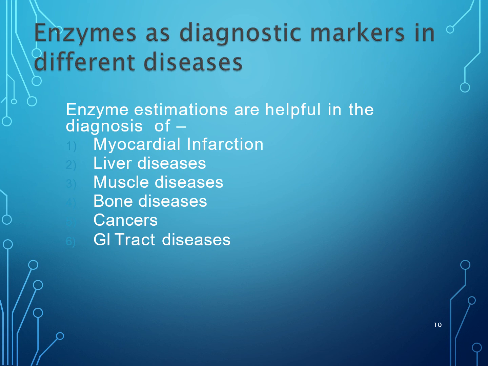The next is muscle disease, and another important one is bone disease. Many cancers can also be diagnosed by measuring various enzyme levels. Apart from these, many gastrointestinal tract diseases are diagnosed simply by measuring enzyme activity.